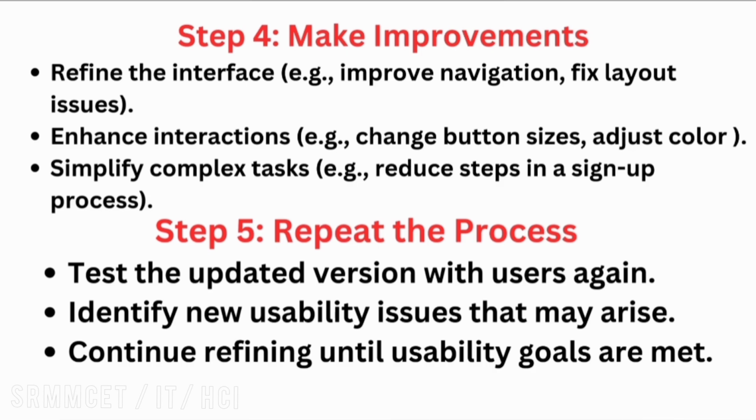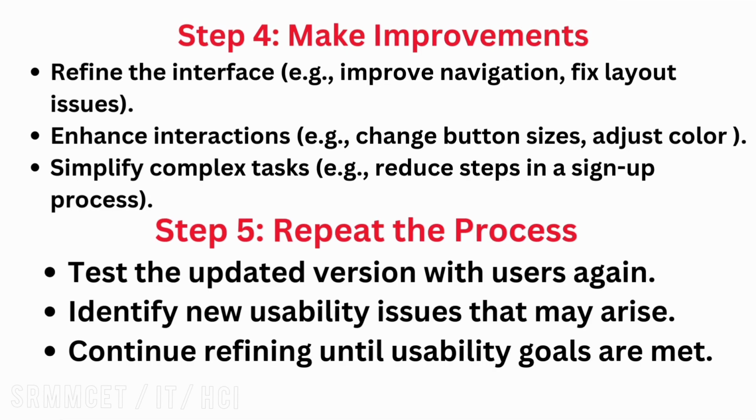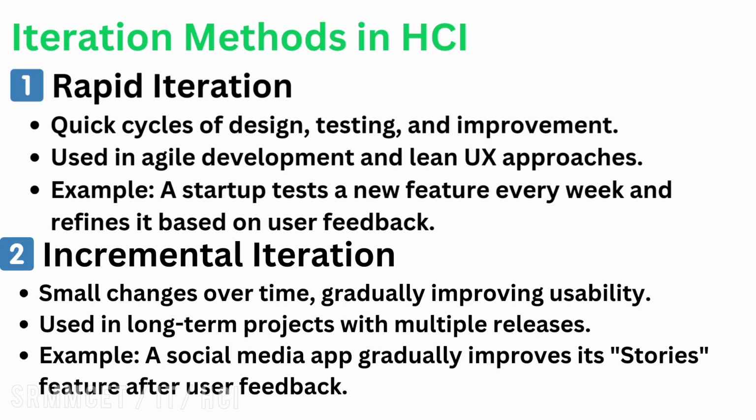Test the updated version with users again. So collect more surveys from different types of users, large numbers of users, identify new usability issues, continue refining until usability goals are met. So these are the basic steps, and we have to repeat the process again and again so that different users give different reviews.